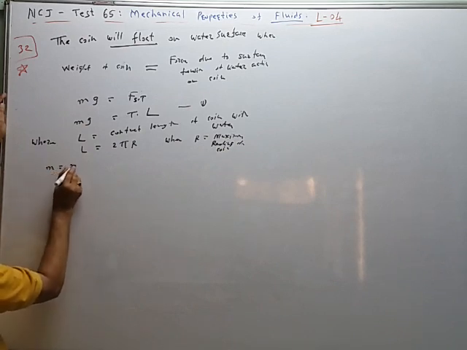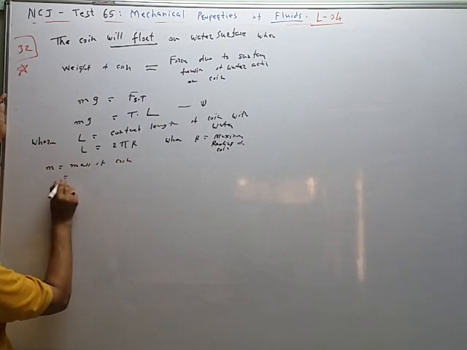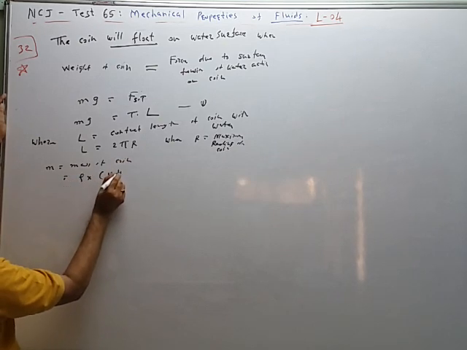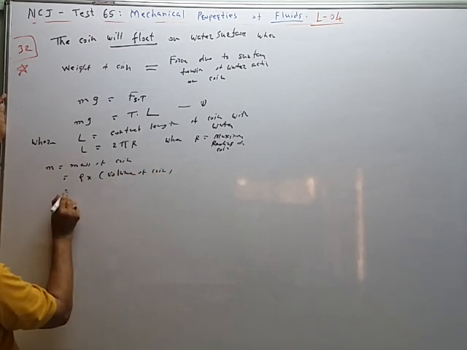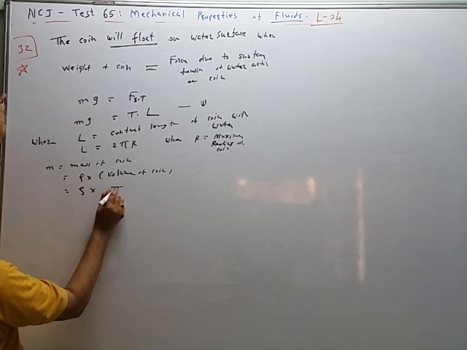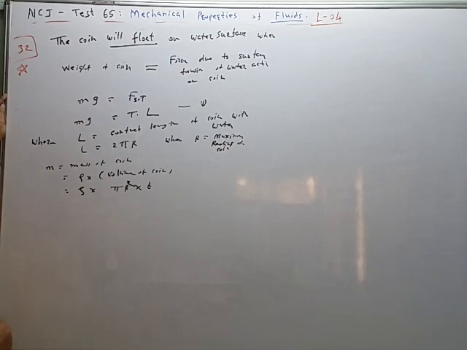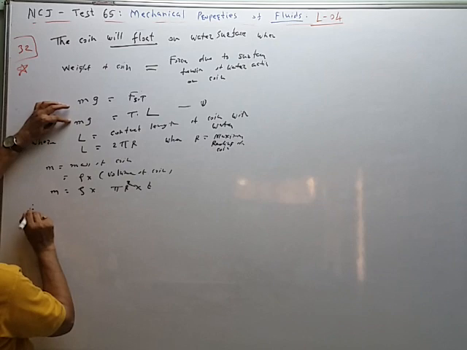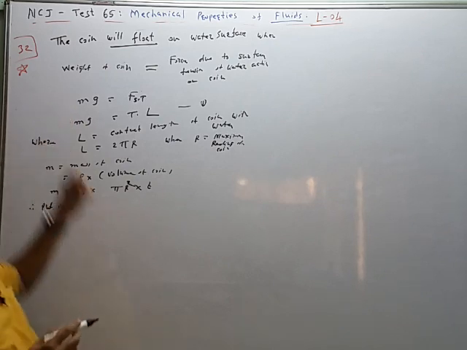M is equal to mass of the coin, so that is equal to rho multiplied by volume of the coin. So rho multiplied by pi r square as area multiplied by thickness. M is equal to, so substitute here, put in 1.